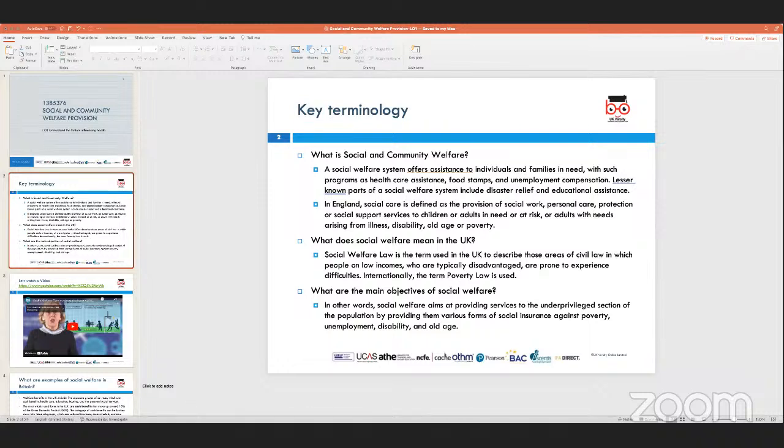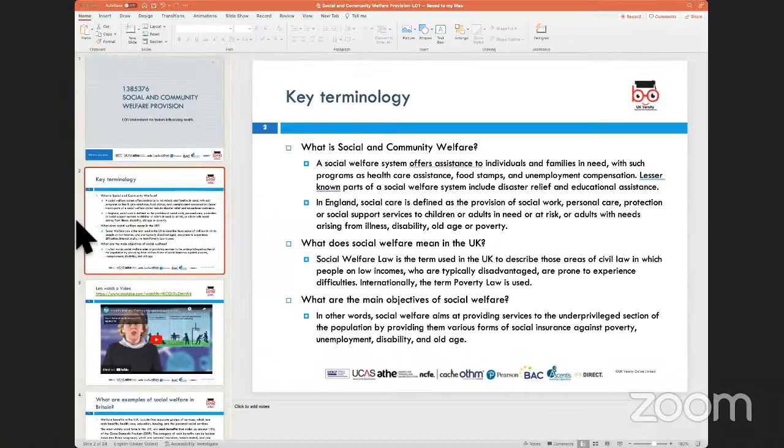So when I talk about social provisioning, what does that mean? When we talk about the key terms which make up this unit, social and community welfare provision is something we need to understand in more detail.